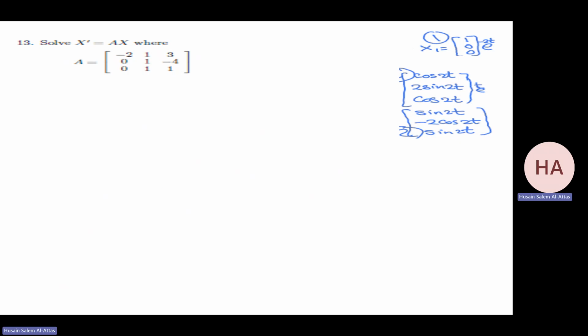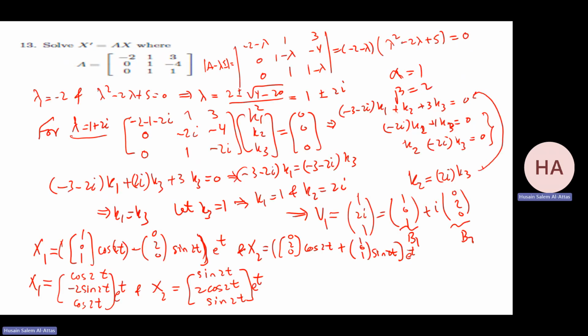Sine minus 2 cosine. Oh, there is a minus sign. Minus 2, minus 1, minus 2i. Yeah. Okay, 2i K3. 2i K3 plus 3, that would be negative. Will be 1. Yeah, it seems to be another solution. I think they should be correct.